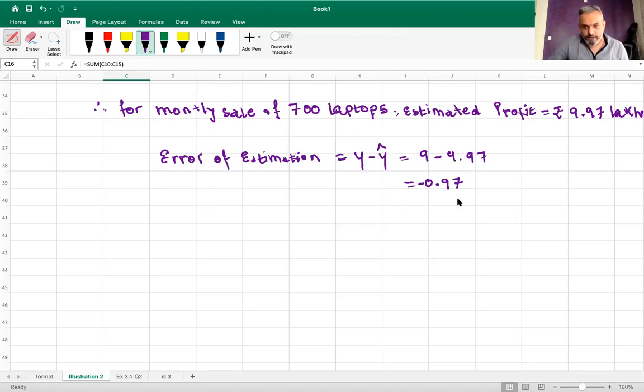So this is our error of estimation, which is denoted by small e. Small e is the error, which is minus 0.97.